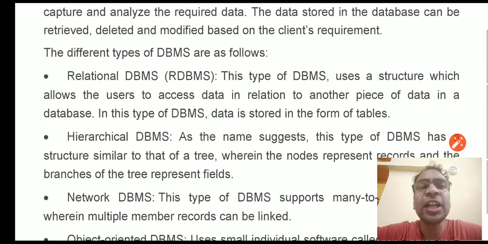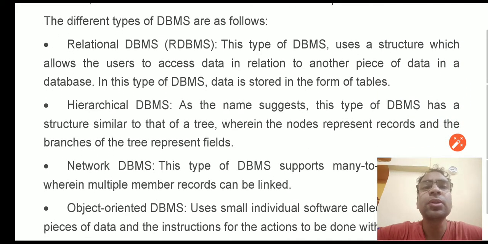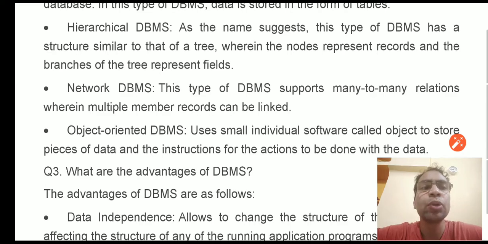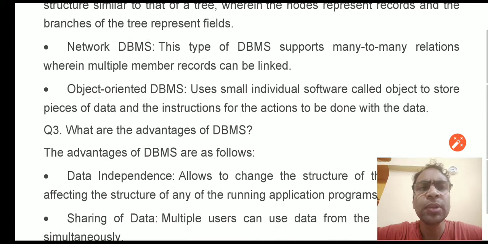What are the different types of database management systems? We have relational DBMS where the data is stored into the structured relations table format. We have hierarchical DBMS which uses the hierarchical structure in the same manner. Then we have the network database management system that supports many relations with multiple records, with all the records linked together with some type of linking.